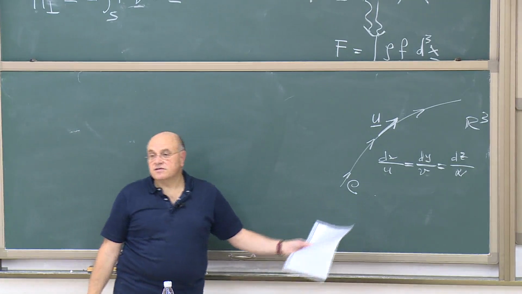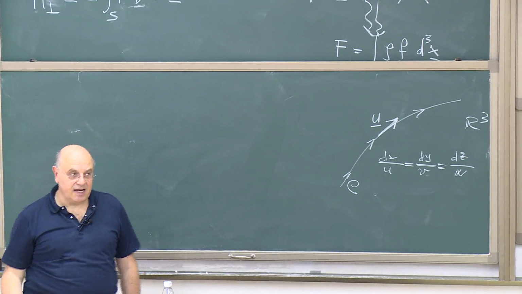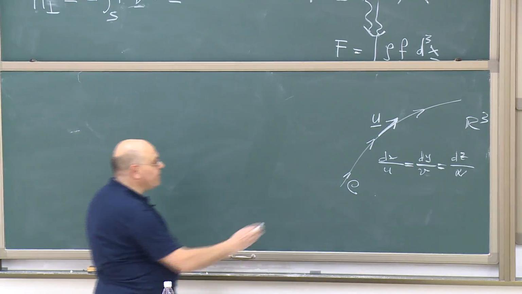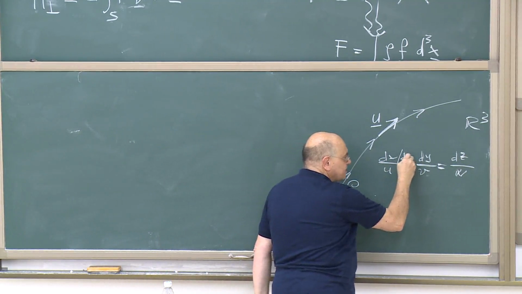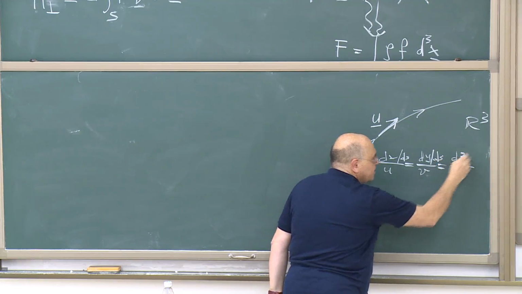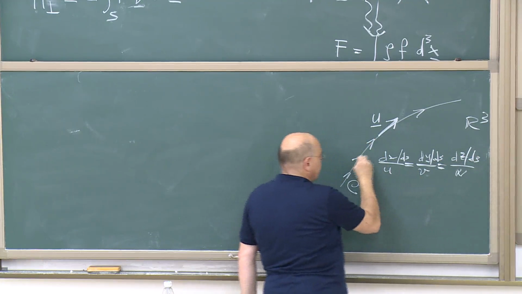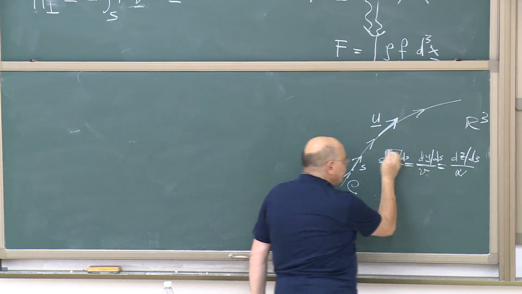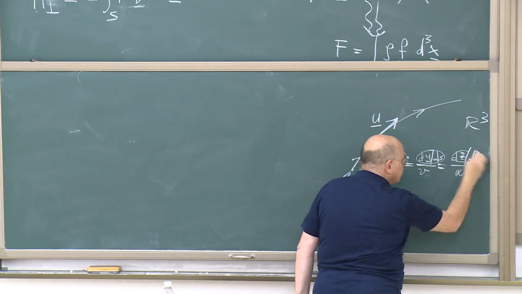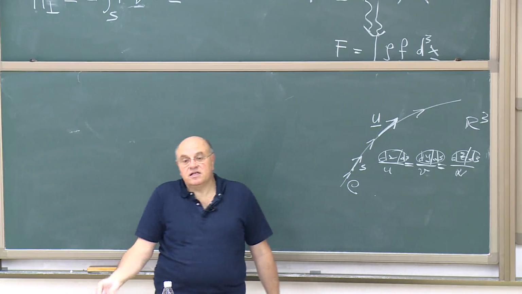I can do this for any field line. I identify the components of the tangent, dx/ds, dz/ds, etc. S is just arc length here. I just identify the components of the tangent with the components of the field.